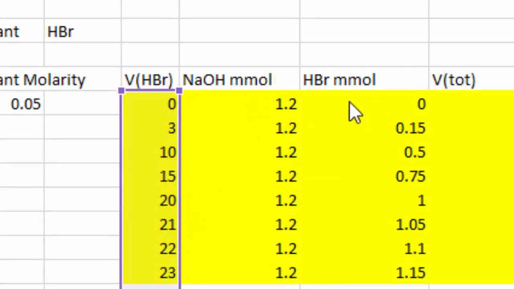I've calculated in separate columns the number of millimoles of sodium hydroxide and the number of millimoles of HBr. The number of millimoles of NaOH is constant because that's controlled by the initial concentration and volume of that titrant solution. But the number of millimoles of HBr is variable and increases as we add higher and higher volumes. Then I also calculate the total volume.